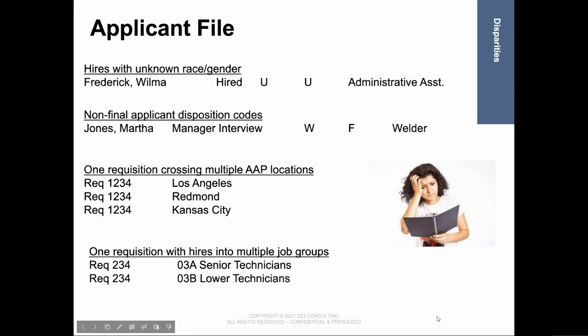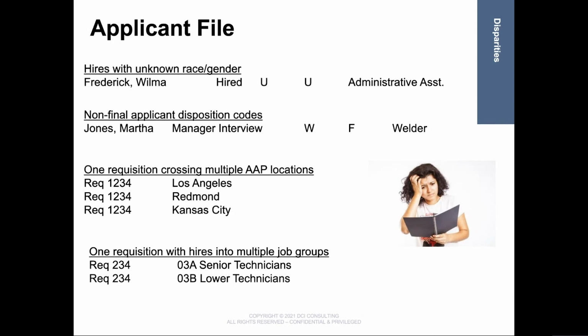Another thing that we see a lot of is one requisition with hires into multiple job titles. Usually it's a lower level and a senior level. When they cross job groups, it becomes problematic. Not that you can't do that, we would recommend that you not, but not that you can't.